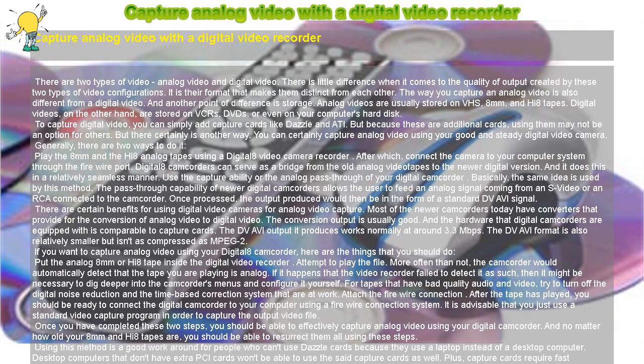Once you have completed these two steps, you should be able to effectively capture analog video using your digital camcorder. And no matter how old your 8mm and Hi8 tapes are, you should be able to resurrect them all using these steps.